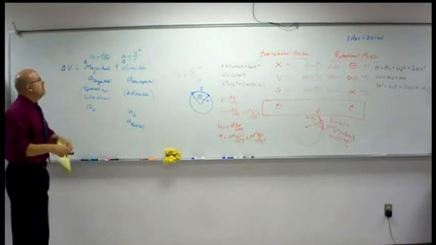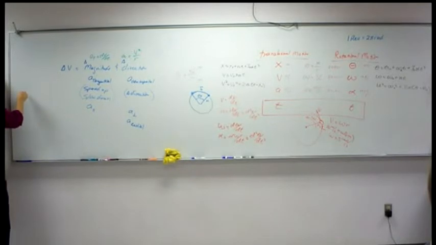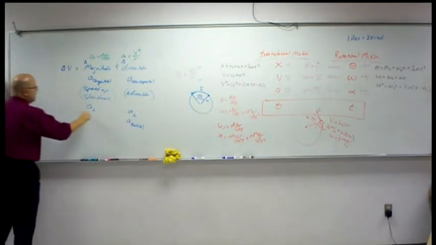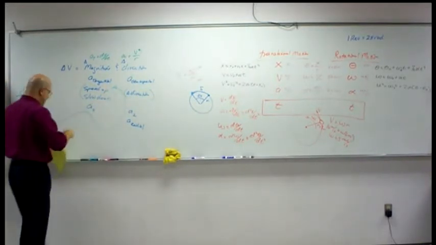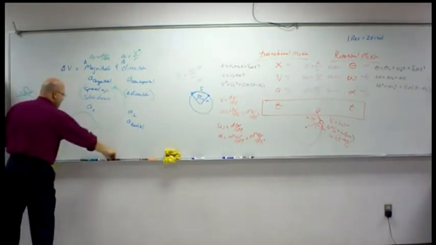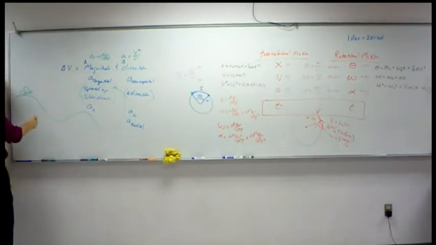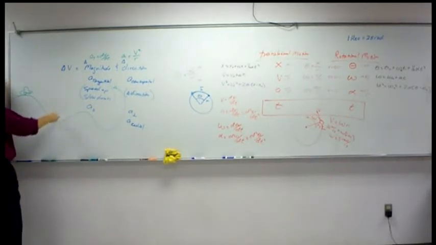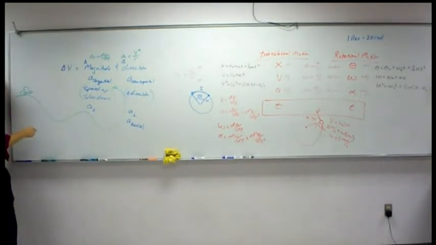Okay? So let's look at something. If I have a car, and the car is moving along a path like this, right here, in this turn, is it accelerating? Yes. You bet. Which way is it accelerating?